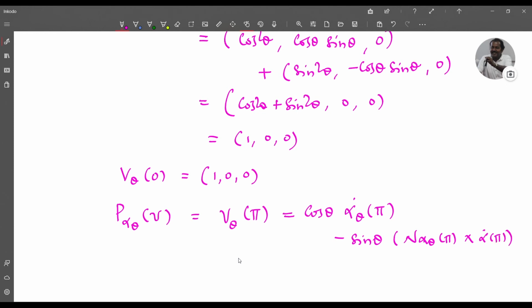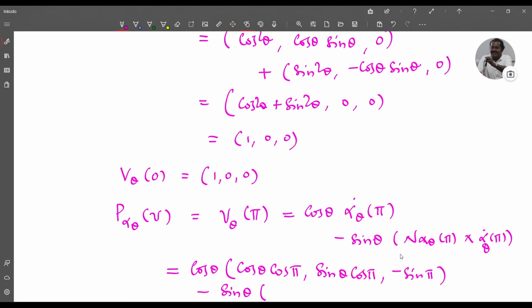So this is equal to cos theta into, you know that alpha theta dot of t is cos theta cos t, sin theta cos t, minus sin t. So alpha theta dot of pi is cos theta cos pi, sin theta cos pi, minus sin pi, minus sin theta into minus sin theta, cos theta, 0.